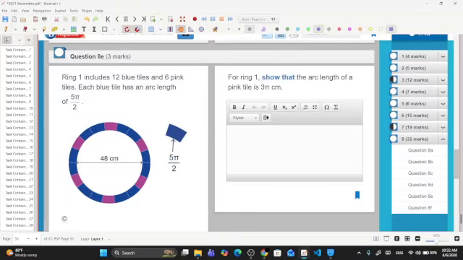Each blue tile has an arc length of 5 over 2 pi. First things first, let's calculate the total arc length of all blue tiles. So the total arc length for all blue tiles is going to be 5 pi over 2 multiplied by 12.